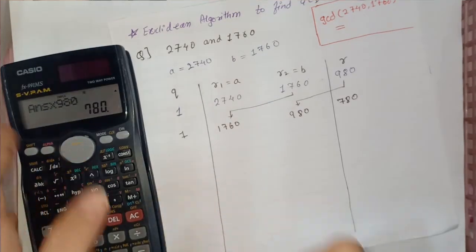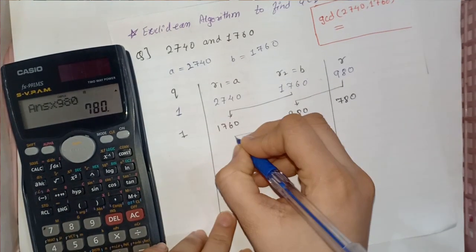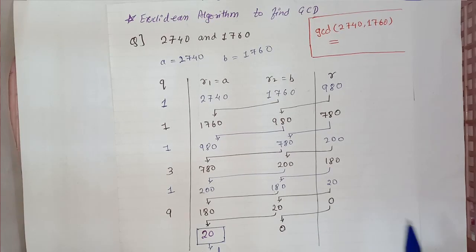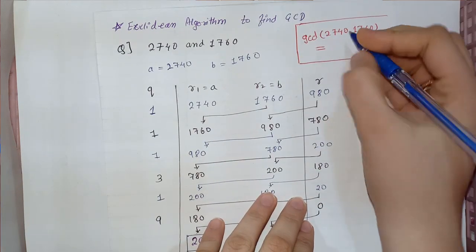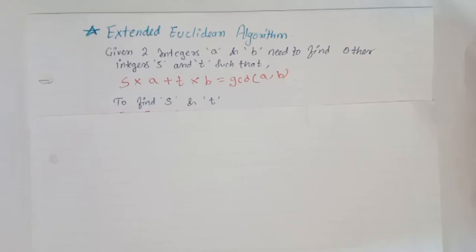So we have to follow the process the same way and find the GCD. Here we get the GCD following the same process. So our GCD is 20. You can pause the video and try to solve by yourself.